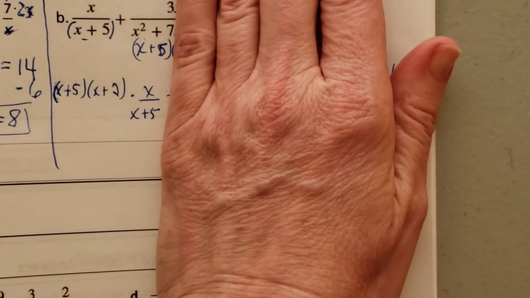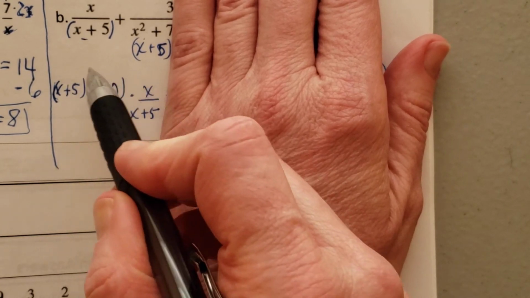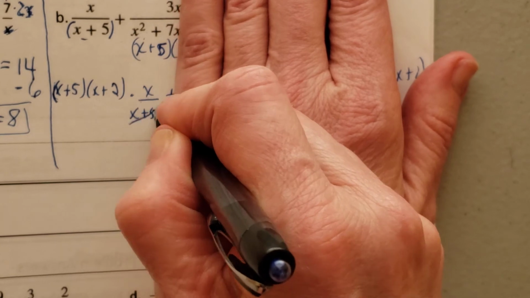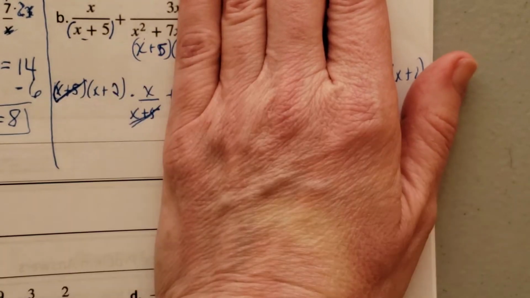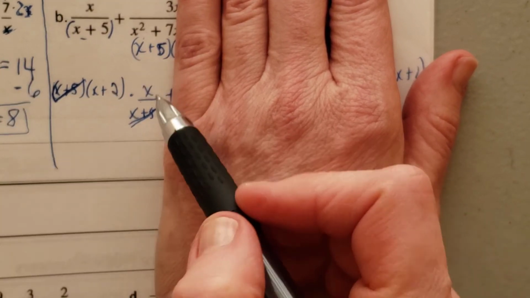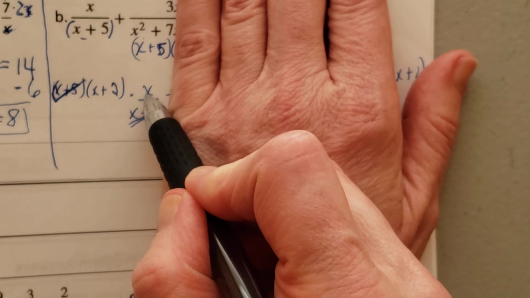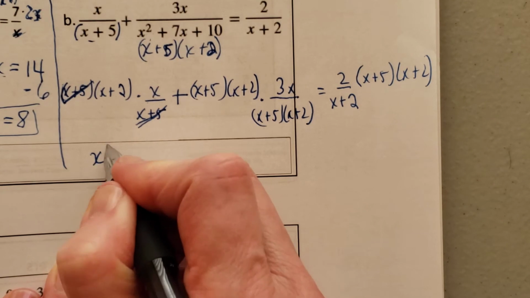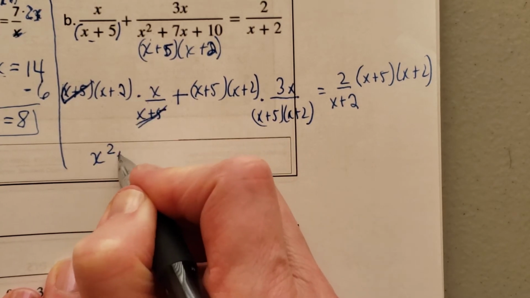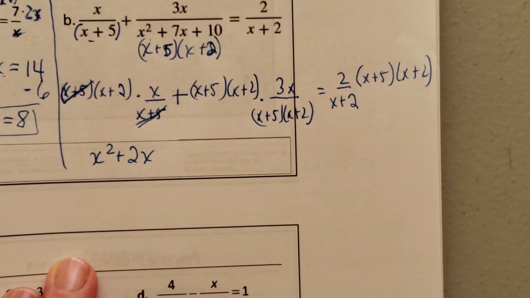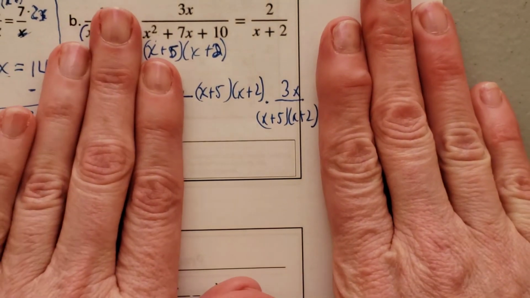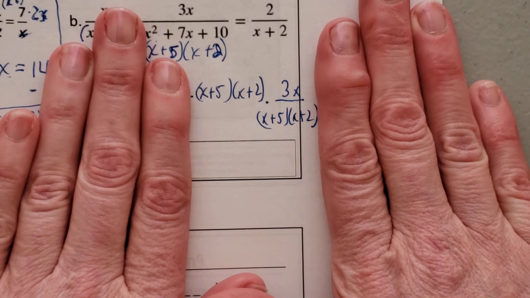All right, so let's look at just this part right here. If this is a multiplication problem, what cancels? This matches that, right? So now we're going to distribute. We're going to multiply x times x plus 2. Well, x times x is x squared, and x times 2 is 2x. All right, and the denominator's gone because we canceled it out. All right, now we're looking at just this section in the middle.